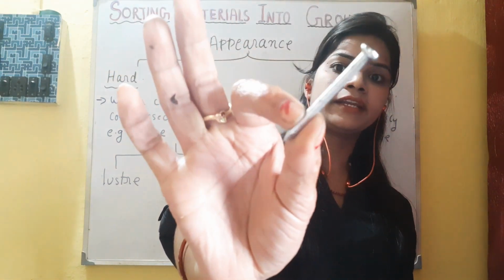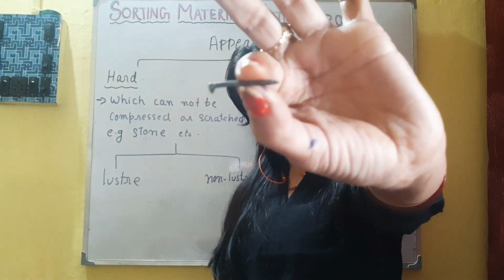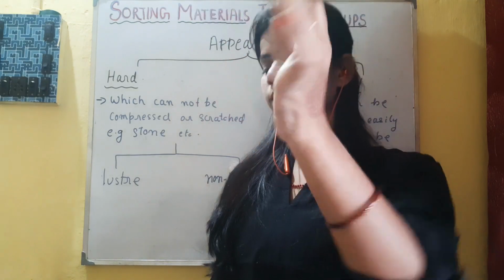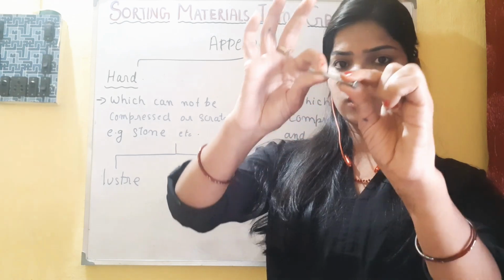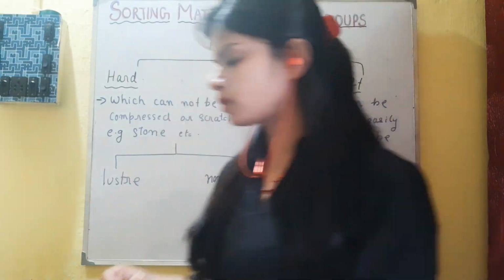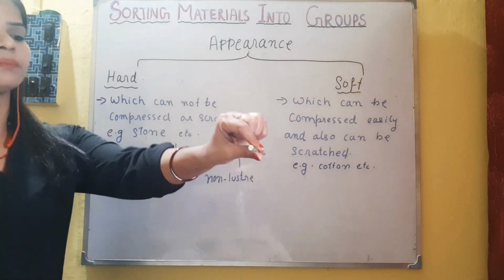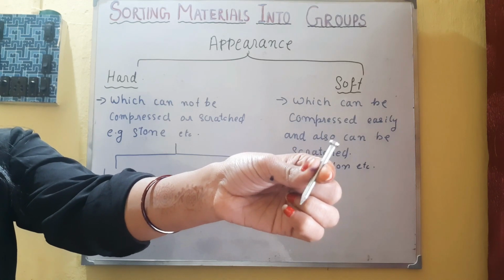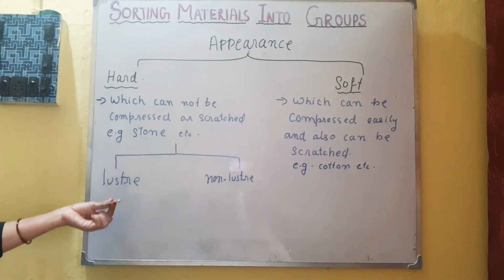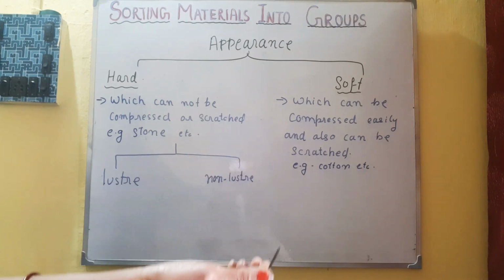One has shining properties, as you can see, and the other has lost its shining properties. Both are hard iron; we cannot press or compress them. This is a metal which has shining properties, and the property of shining is called luster. That means metals or hard materials have luster properties and some have non-lustrous properties.